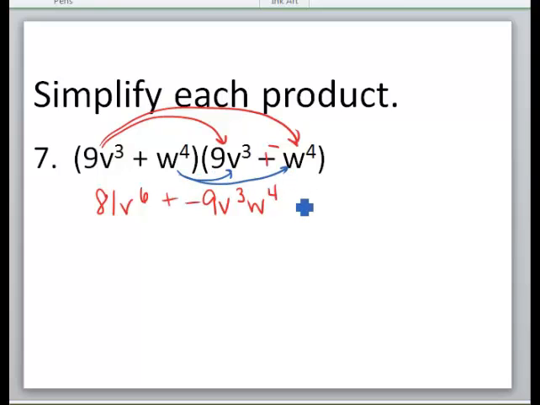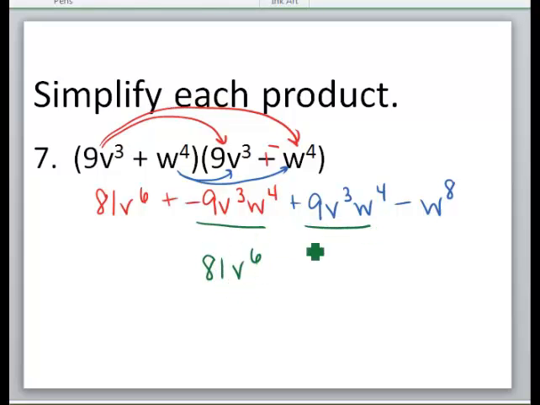W to the fourth times 9v cubed would be 9v cubed w to the fourth. Then w to the fourth times negative w to the fourth is negative w to the eighth. Those terms fall out. They give me 0, so I get 81v to the sixth minus w to the eighth. I have two special cases here.